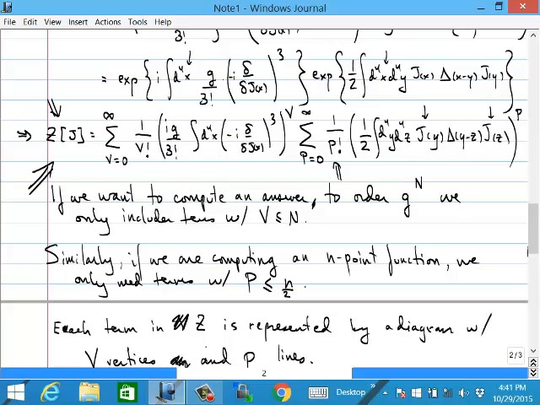If you did the v equals 0 term, that's just like setting g equal to 0, and you get the free answer. 1 plus a half times 2 dots connected like that, plus 1 over 2 factorial times a fourth times this guy squared, and so on and so forth.